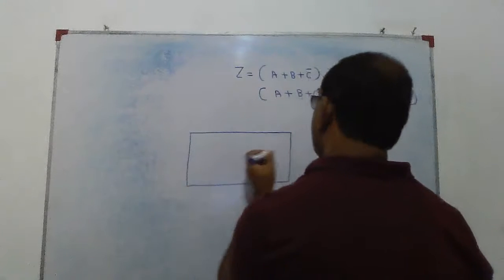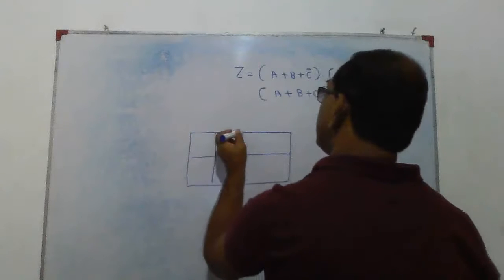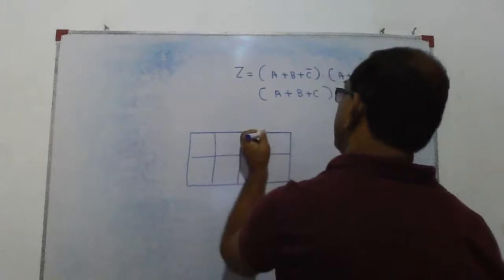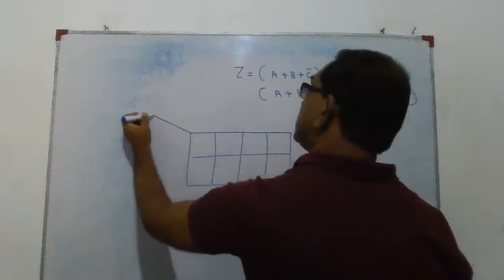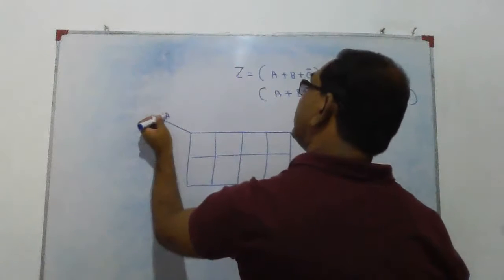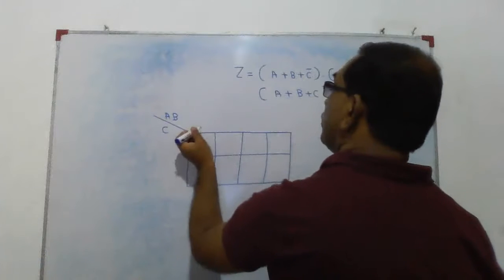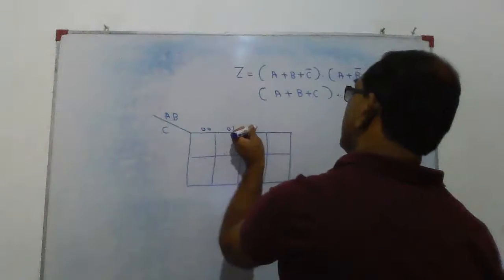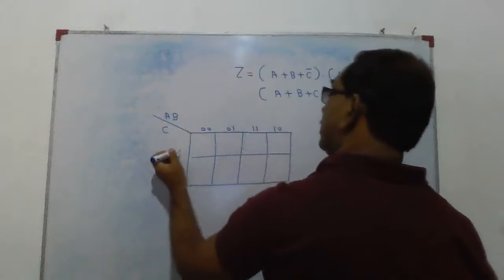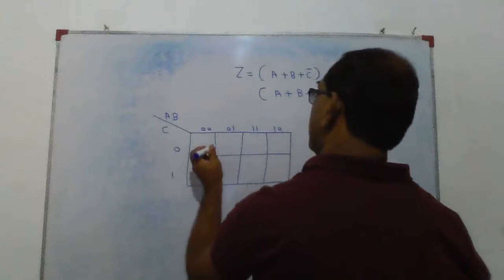Now here we have a K-map with three variables. We have A and B, here C. I'll say 0, 0, 0, 1, 1, 1, 1, 0. C can be 0 or 1.